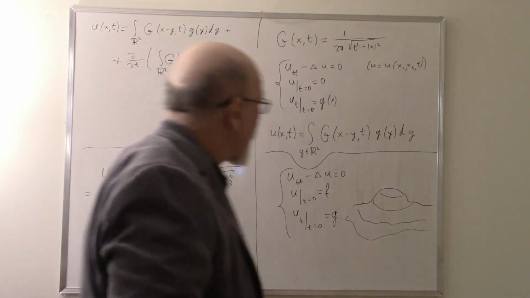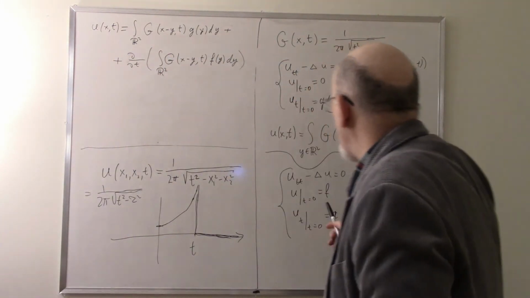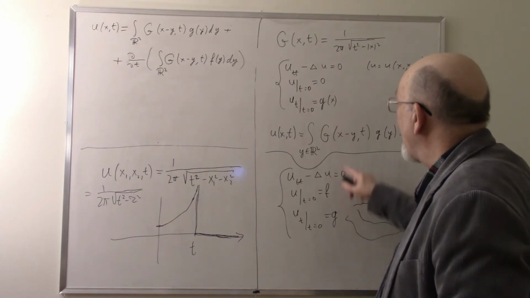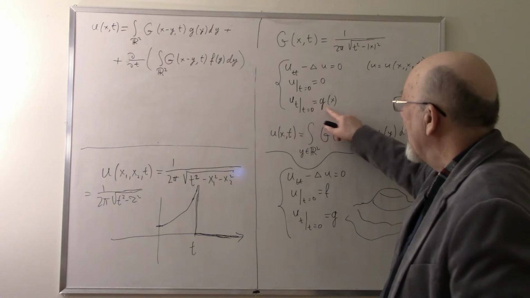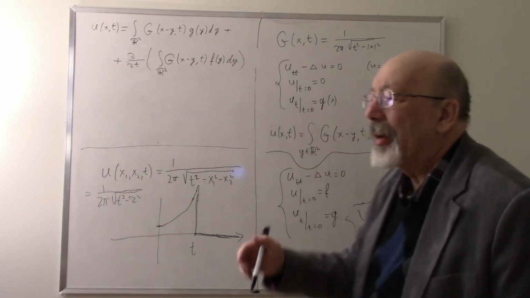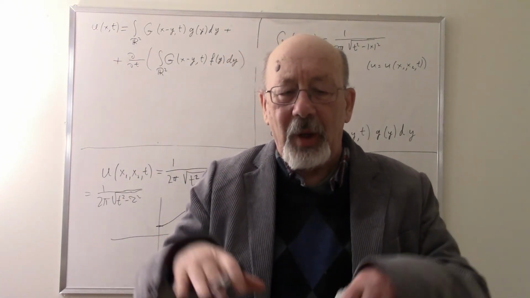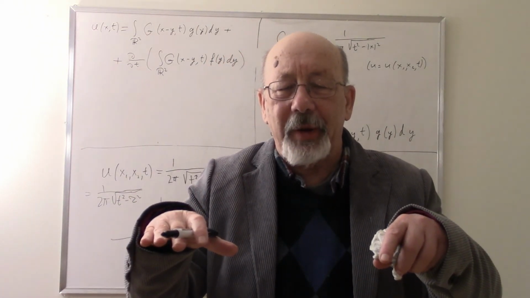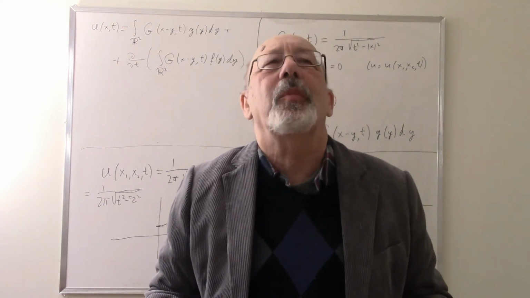Yes? Because what is in the bracket is the solution of the problem where here is f instead of g. So we have, and if you differentiate it, then we have also a function satisfying the wave equation.